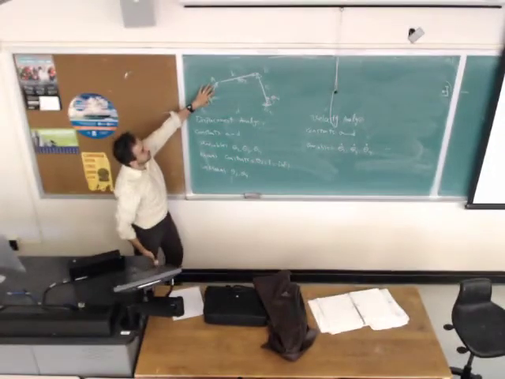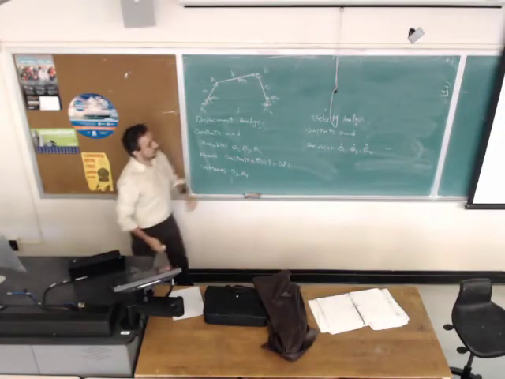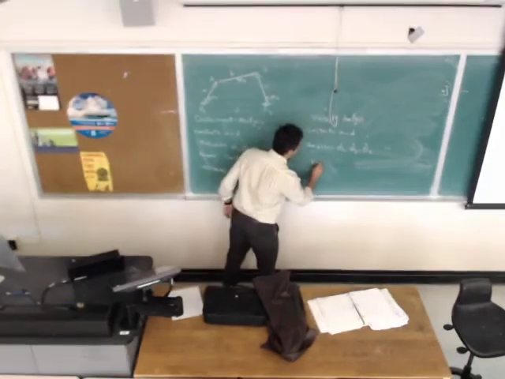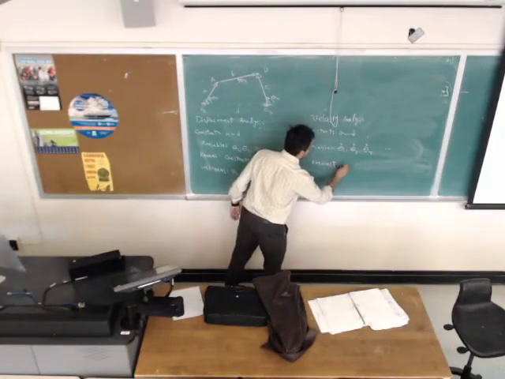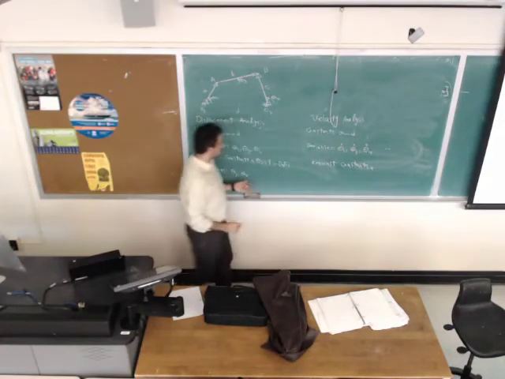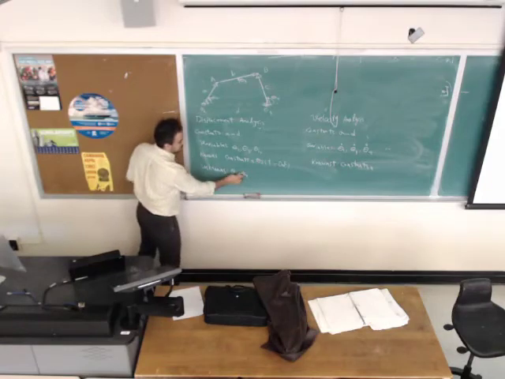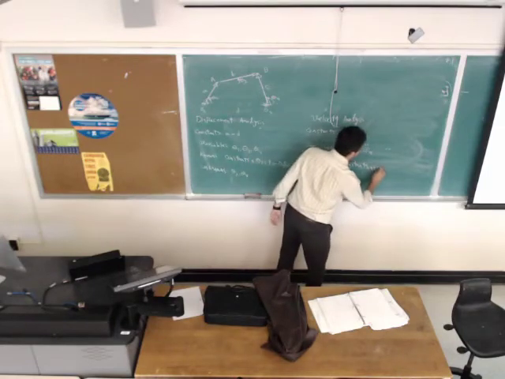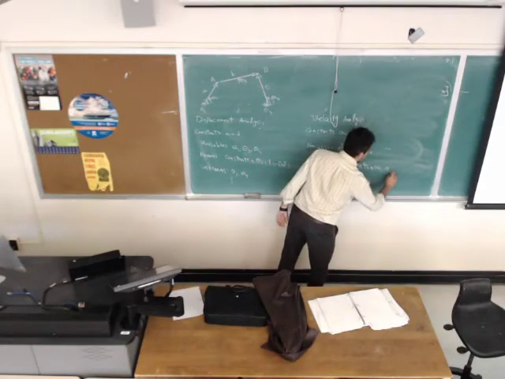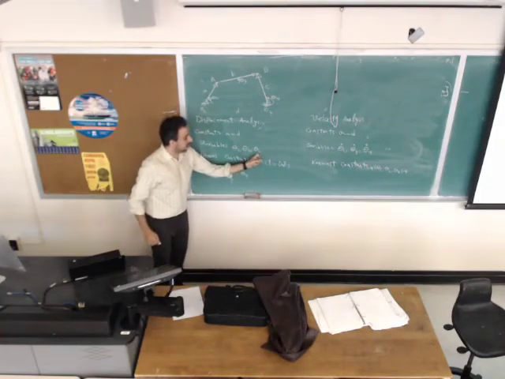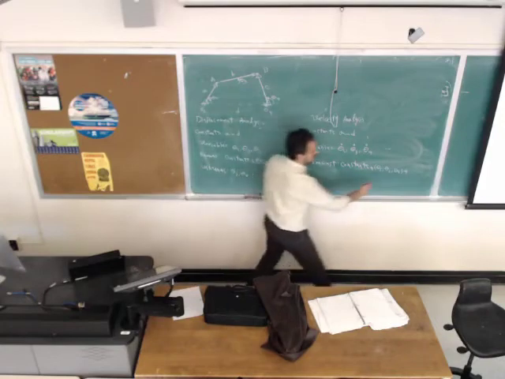Angular velocity of link 2, angular velocity of link 3, and angular velocity of link 4. So the knowns would be the constants, plus whatever is known in displacement, put a dot on top of that, and it should be known.